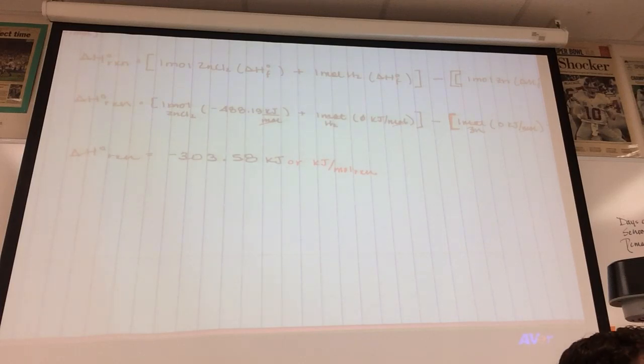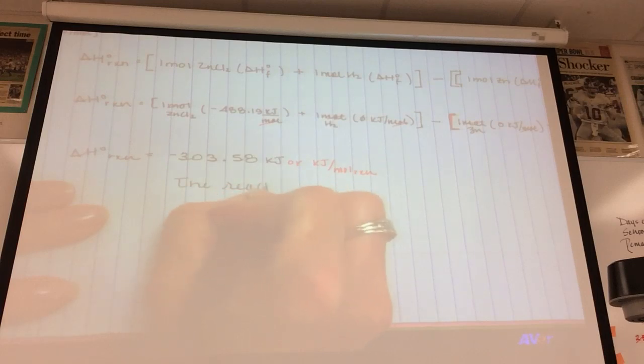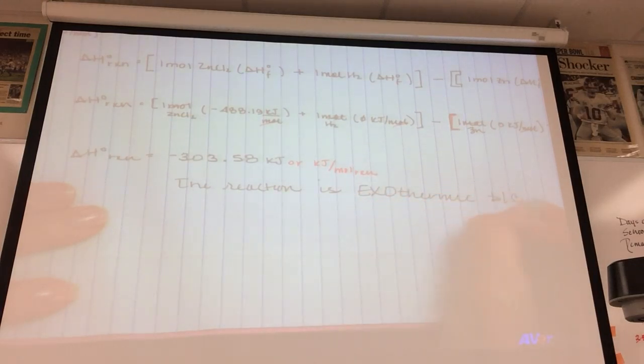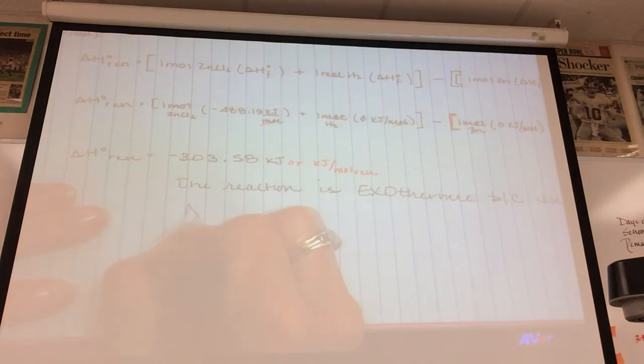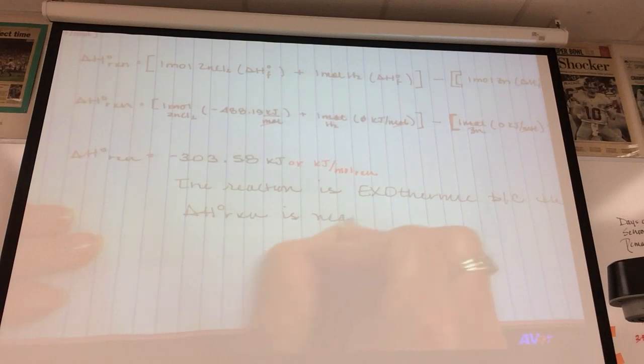The other part of the question says indicate whether the reaction is endo or exothermic. So in this case, the reaction is exothermic because the delta H for the reaction is negative.